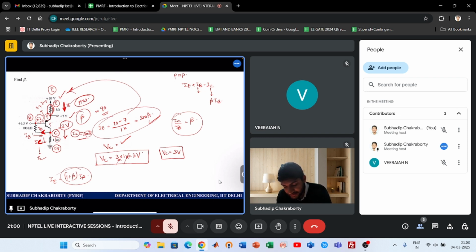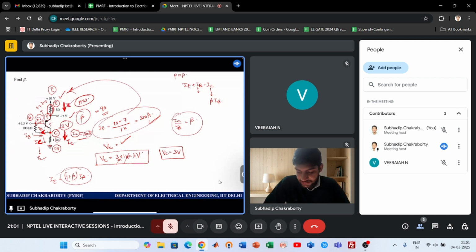IE and then IB will be like this. So what will be the KVL equation? Because you need to understand which is the direction of flow of current. Current is flowing in this direction, right? So IC is in this direction, and IE is also in this direction. But which direction is IB?